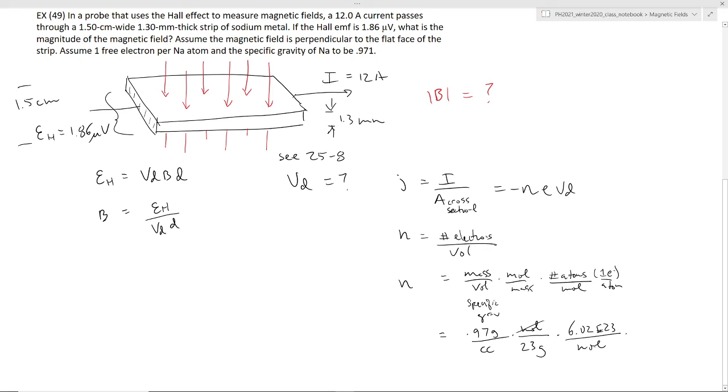You can see this will give us units of number per cc.